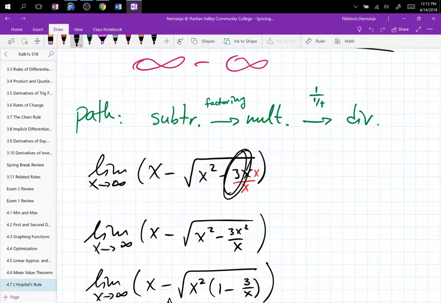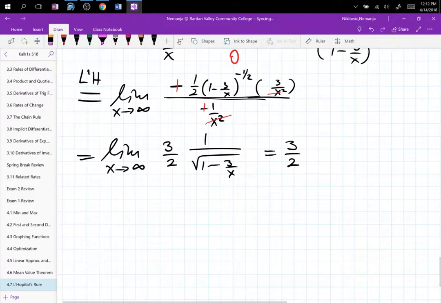I keep changing this 3 into whatever value I want, and I can make the answer for this limit be anything. So yeah, that's the cool part. Should we do another one of these subtraction ones? These are the longest and the most painful of all.